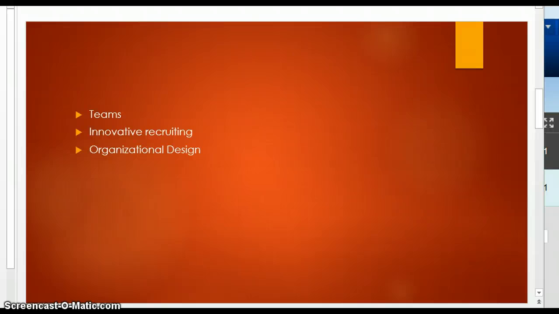They do some innovative recruiting to try to retain and attract valuable workers. They do a lot of things with organizational design, like total quality management. So, we're going to look at some of these factors in chapter 1 and see how modern organizations are using these things to increase their effectiveness.